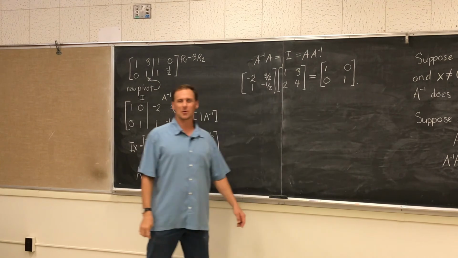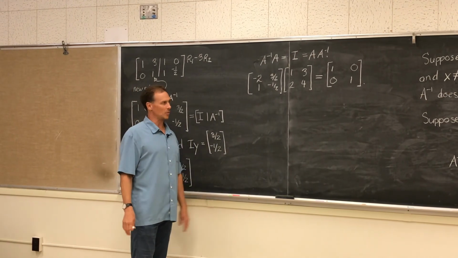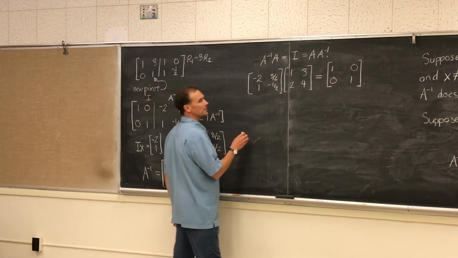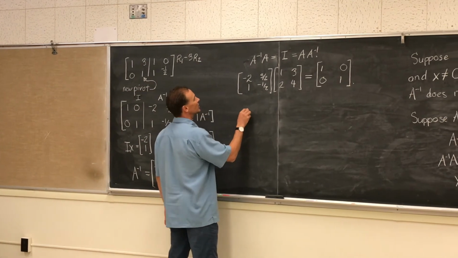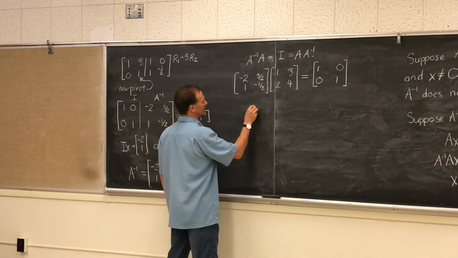Okay, we're going to try one more problem. The reason is I want to show you. Let's try this. We'll use C. We haven't used C yet. So let's see.